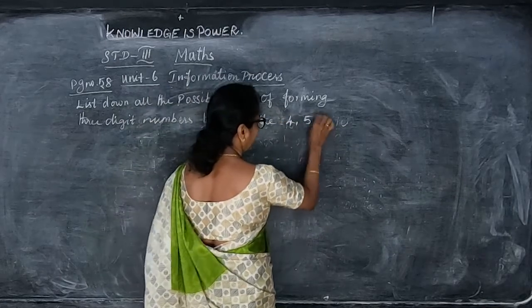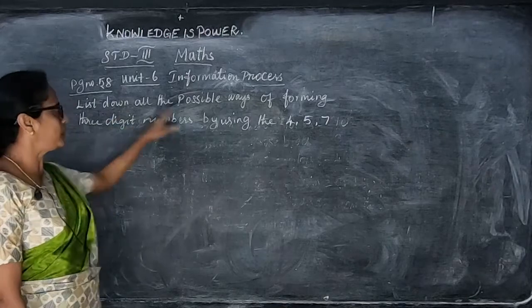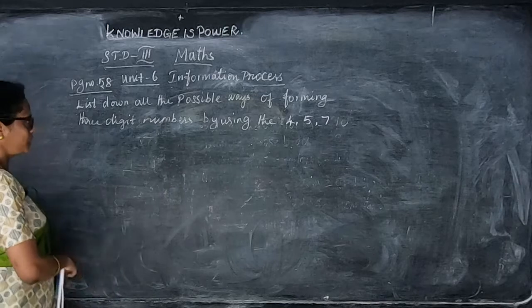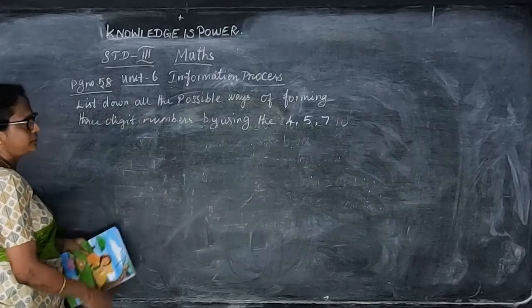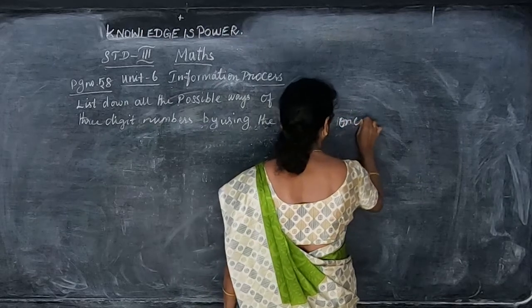These 3 numbers are given. So we have to list down the possible ways. What are the possible ways to form these 3-digit numbers using each only once? One time only, we should not repeat the numbers, okay?